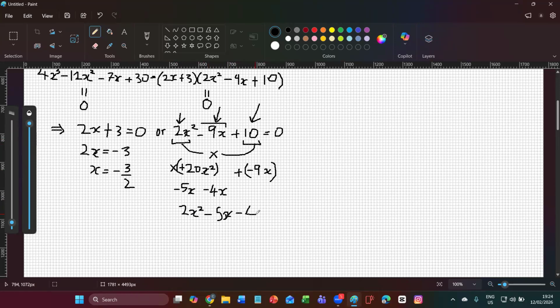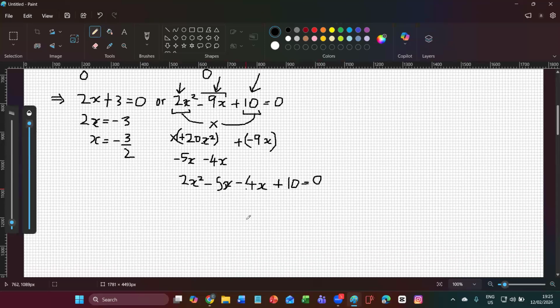All we just did was to replace the minus 9x, since minus 5 and minus 4 will give us minus 9 too. We'll still write the other ones exactly as they are with their signs and everything. And don't forget to put your equals to 0. So you can guess what I want to do next. I'll factorize by grouping, isn't it?